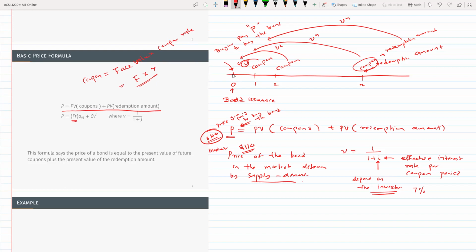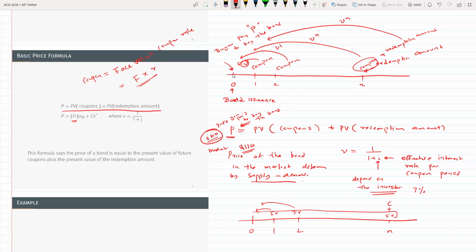Okay. So let me draw the timeline again with the symbols now. And the redemption amount, you will use C. Okay, so let me draw it here. 0, 1, 2. Okay. So here is the coupon Fr, Fr, Fr. Plus the last one, you have the redemption amount. Now you are discounting. Okay. So you can see right away, this looks like what?